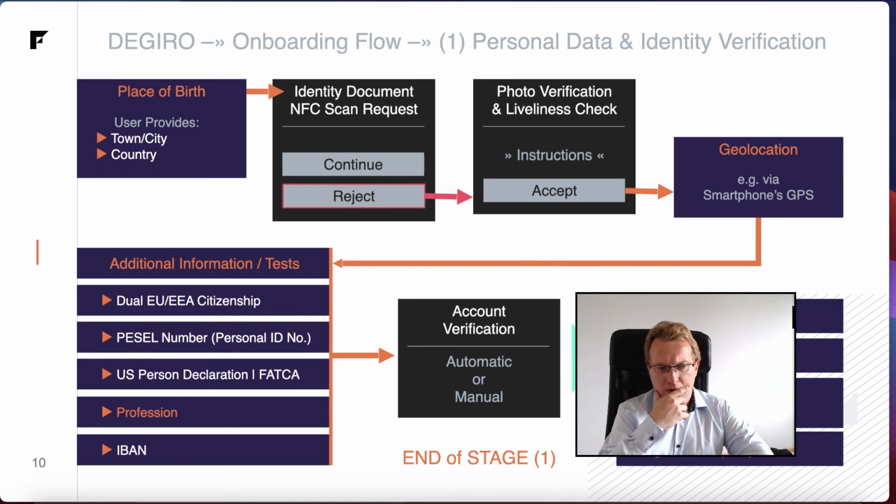What was interesting or made me wonder is why they did not ask whether the user is a politically exposed person, so-called PEP. That's something required, I think, in EU Directive 6, and it's implemented in many Polish legal financial service entities already.